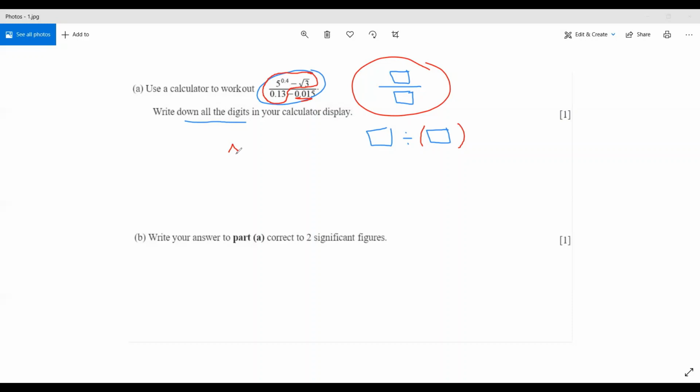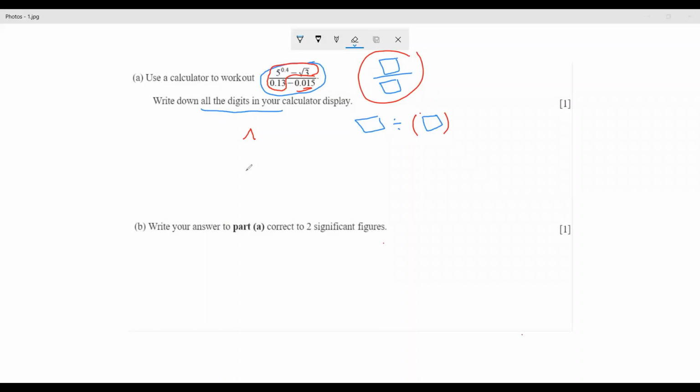Since I'm using the FX 570 MS series, I'm going to open the bracket and then key in everything in my calculator. 0.015, and the answer is 1.49220114. So that's all the digits that I can see on the display of my calculator.